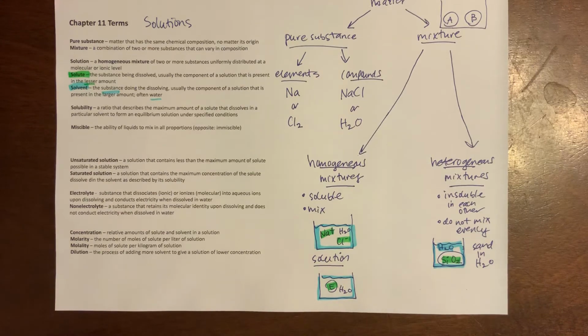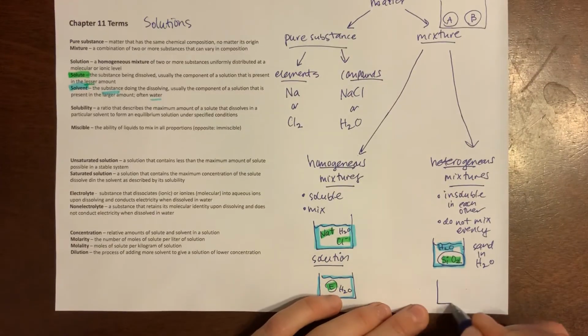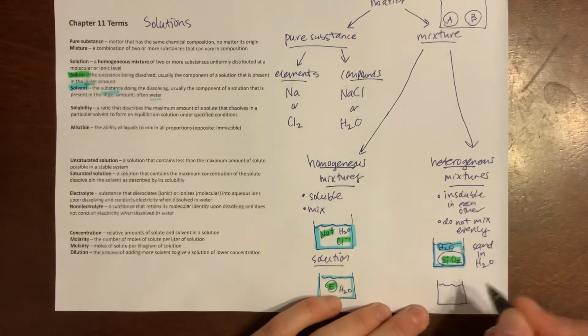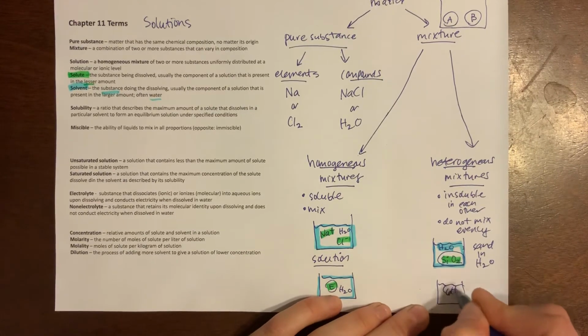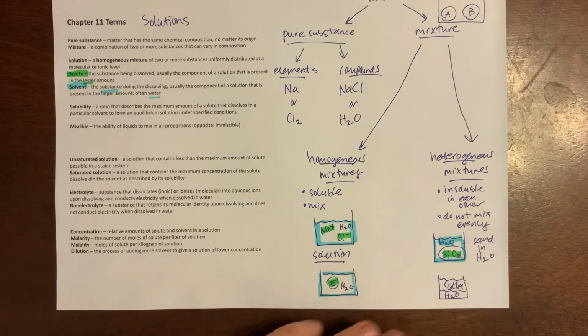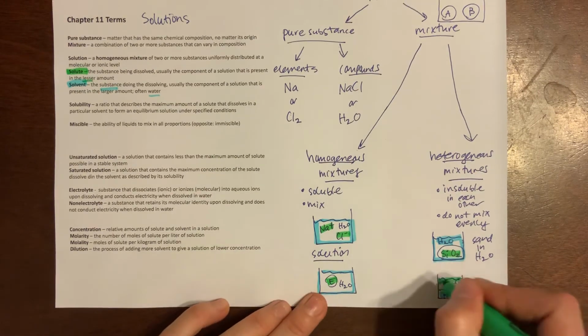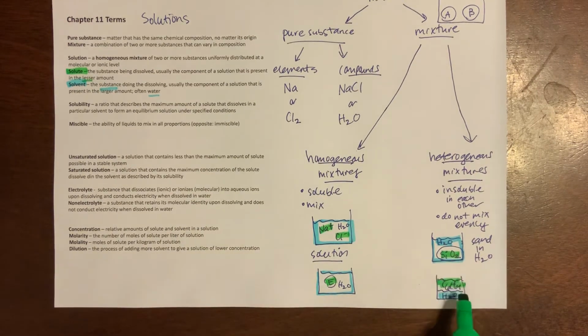Another example of this would be gasoline or oil. So gasoline is C6H14, and if I put that on top of a little bit of water, I think we've talked about this before, the water does not mix with the gasoline. You don't want water in your gas tank, for example. And so these two do not mix.